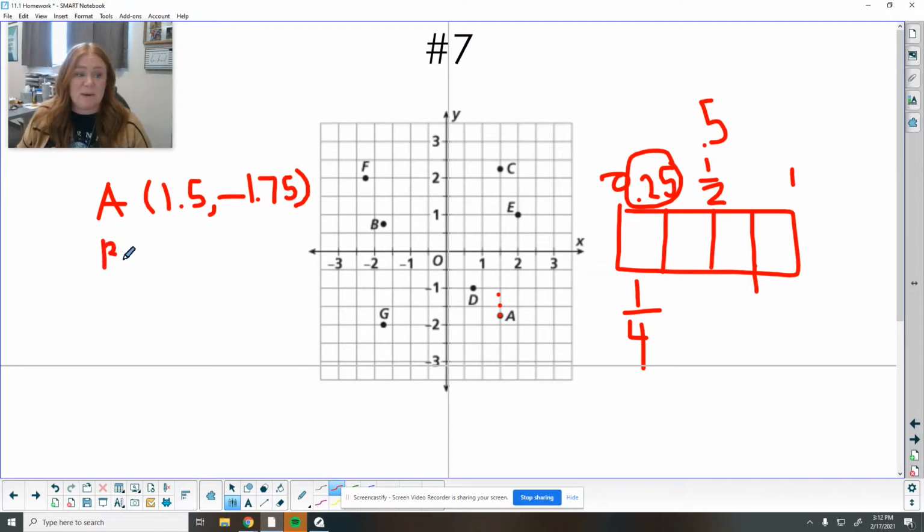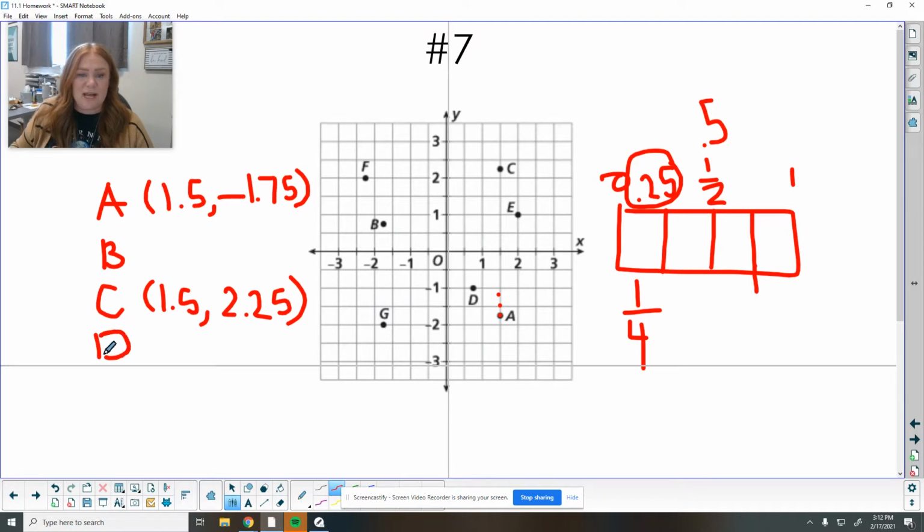So I'm going to do every other one here with you. So I want you to try B, and I'll do C with you. So C is over 1.5 again, positive to the right. Decimal 1.5. And then we're going to go up. Here's 1, 2, and a fourth is 2.25.